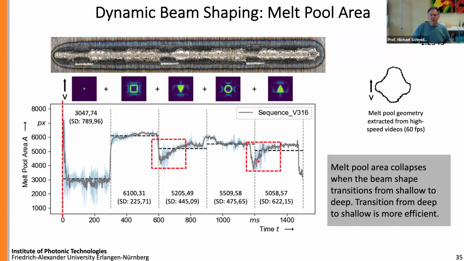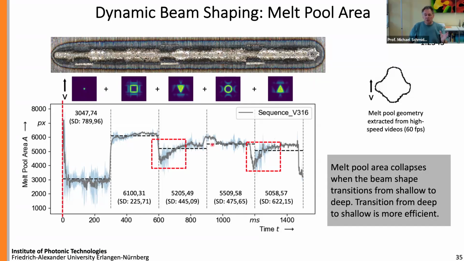Again, you see it here, and it seems most pronounced when you go from a larger melt pool area to a less large melt pool area, or in other words, when you go from a large but very flat melt pool to a not so large but deeper melt pool. This takes a longer time to adapt than the other way around, which is quite interesting because you might want to use this when you switch.